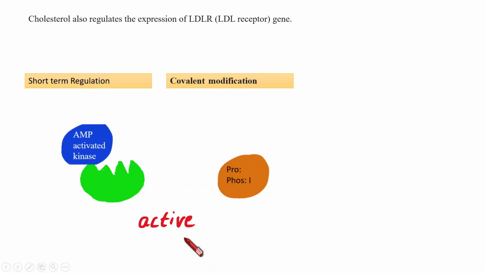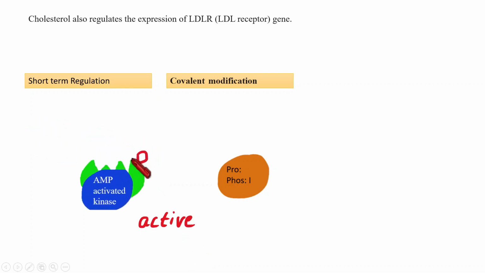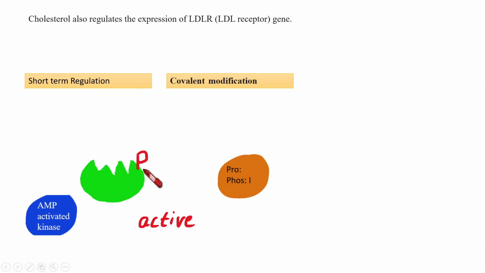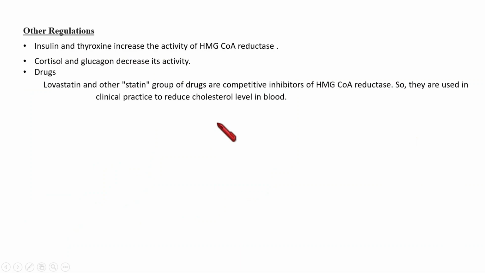And in the opposite condition, another enzyme, AMP activated kinase, adds the phosphate and makes this enzyme inactive when the level of cholesterol is high in our body. So these are the two enzymes doing covalent modification of the enzyme and regulating cholesterol level in the body.